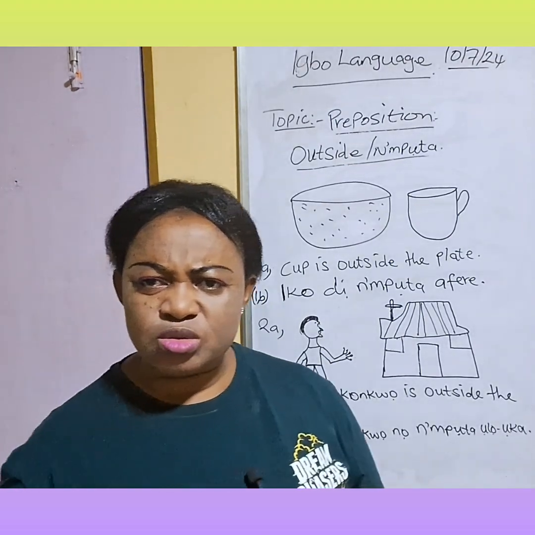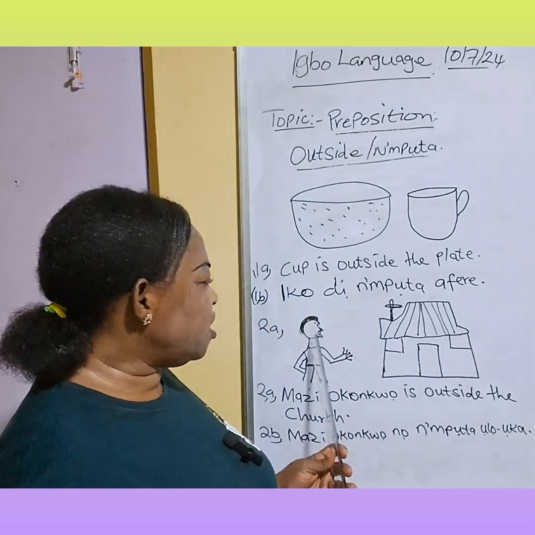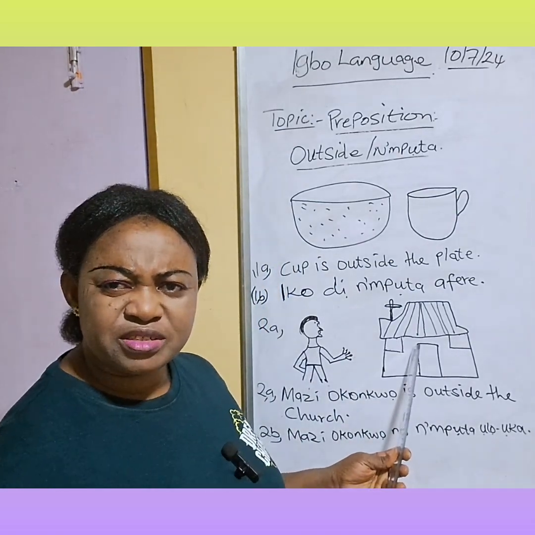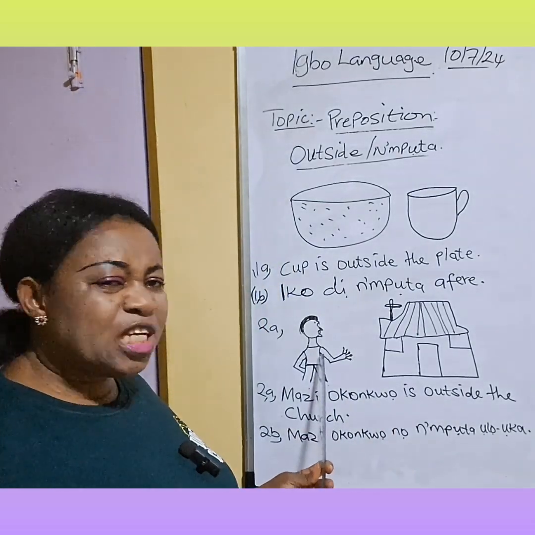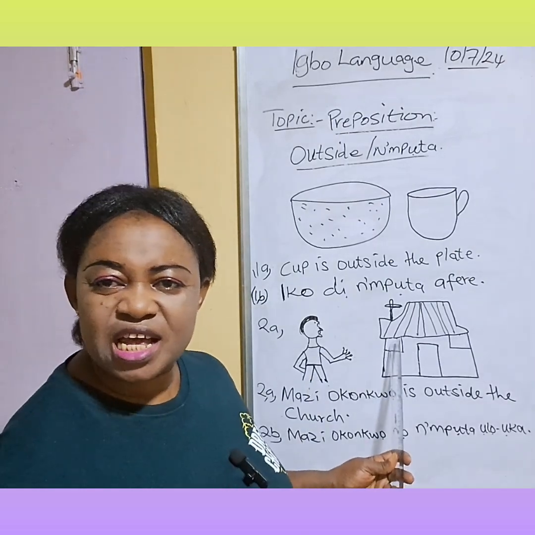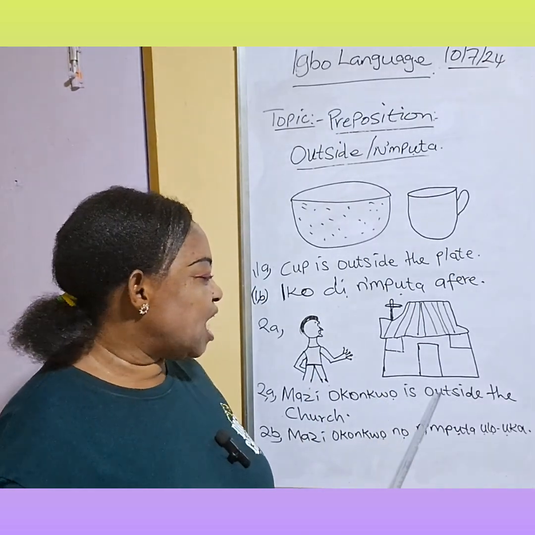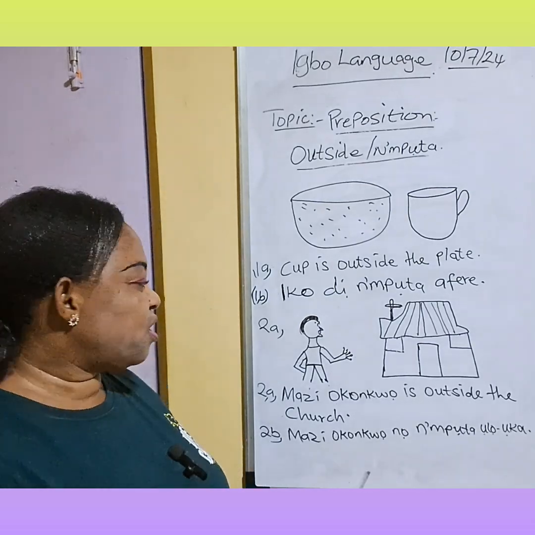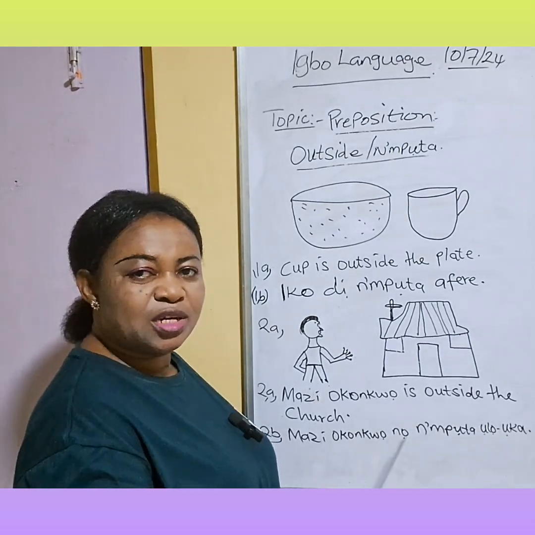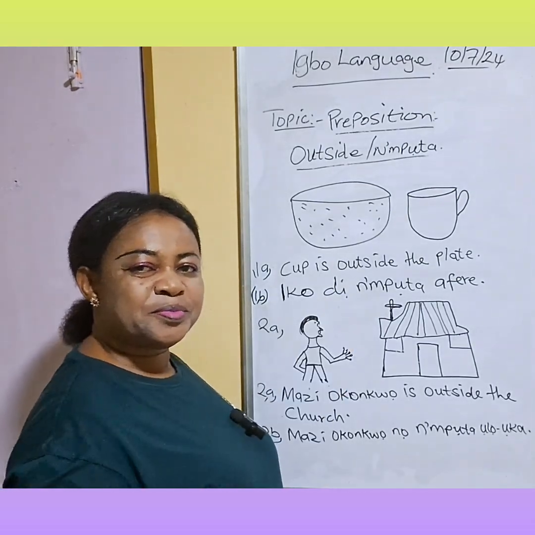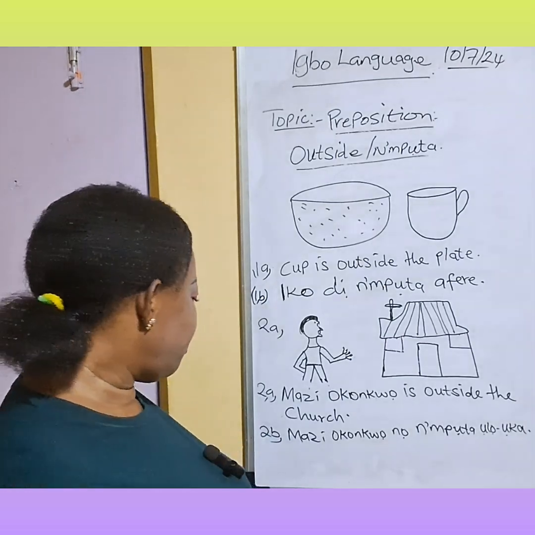Class, can I ask you, is Mazi Okonkwo inside the church? No. Mazi Okonkwo is outside the church. You can see him standing outside, waving his hand to someone.